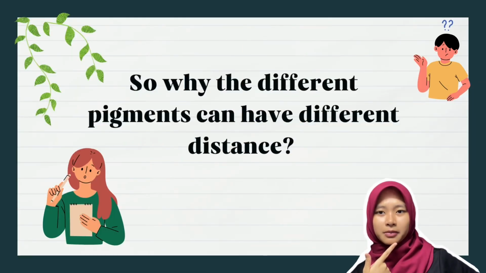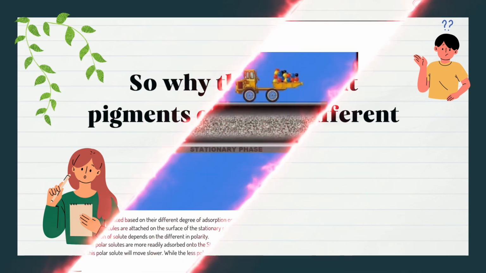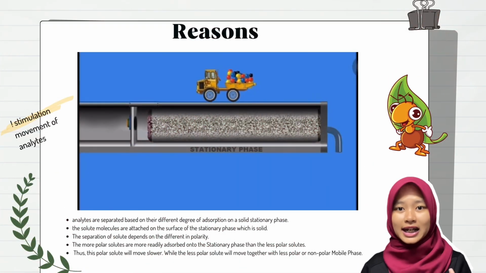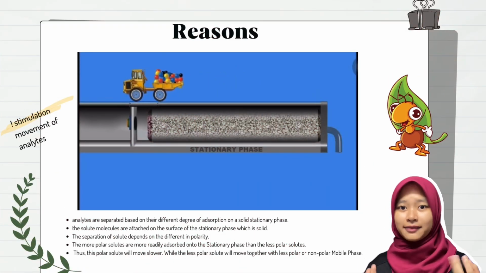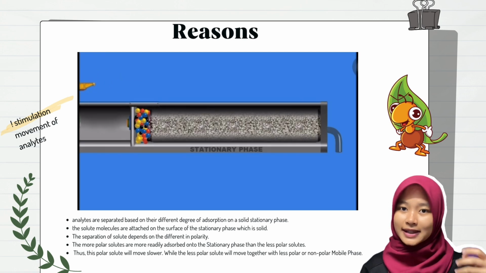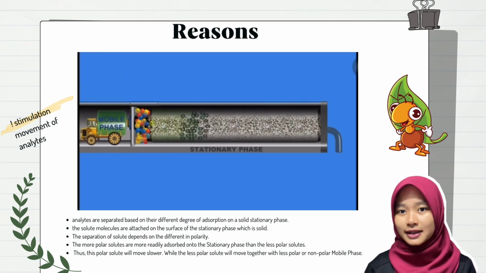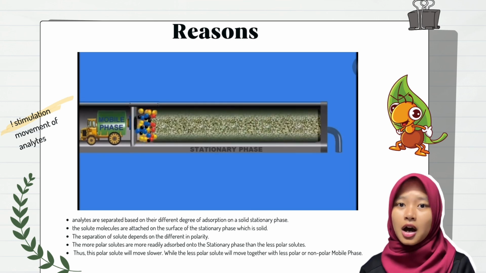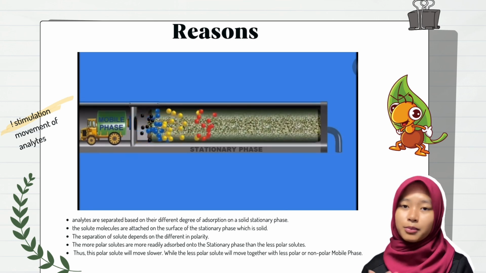So, why can different pigments have different distances? Chromatography is where the analytes are separated based on their different degrees of absorption on a solid stationary phase. In the absorption process, the solute molecules are attached to the surface of the stationary phase, which is solid. The separation of solute depends on the difference in polarity.